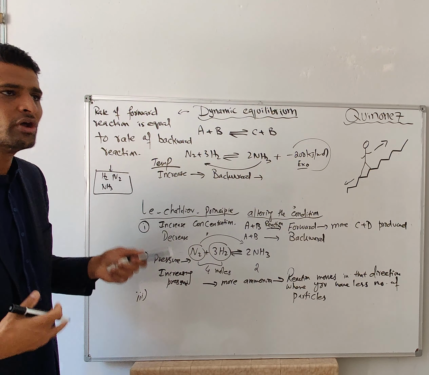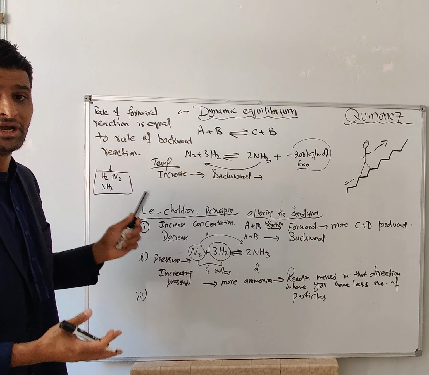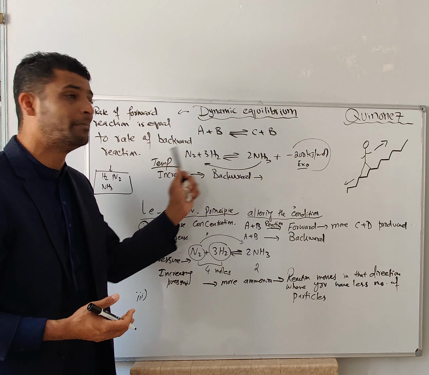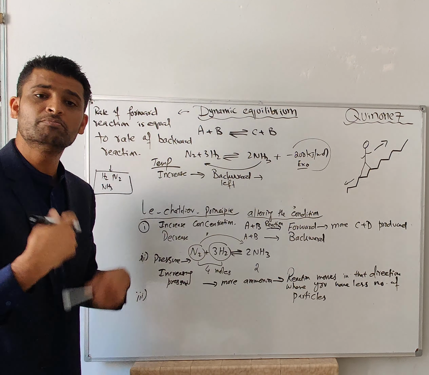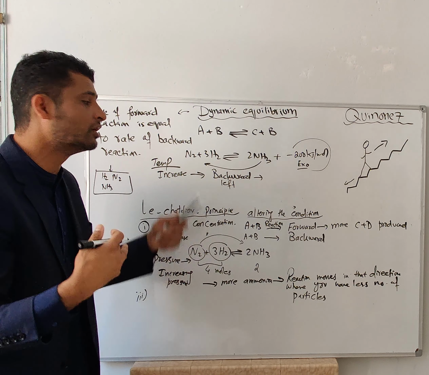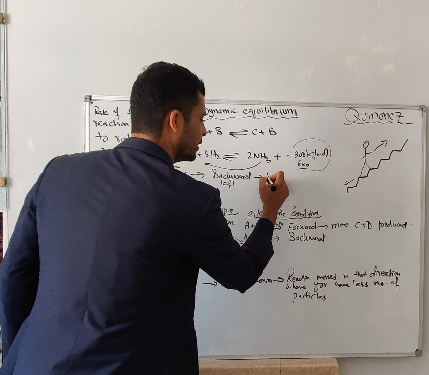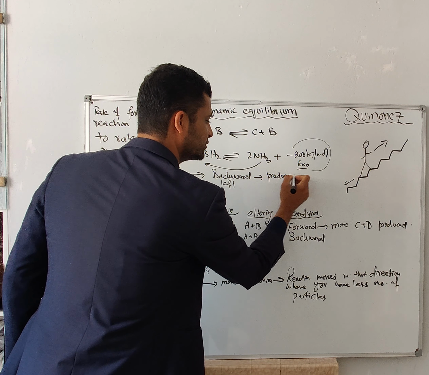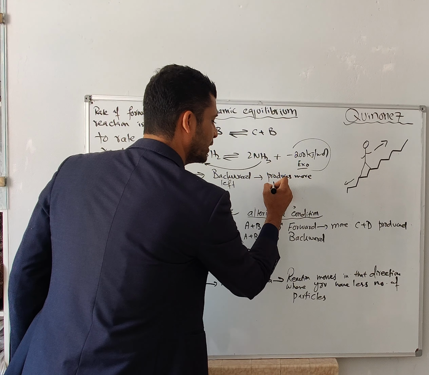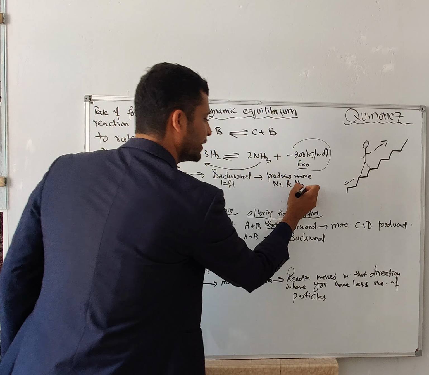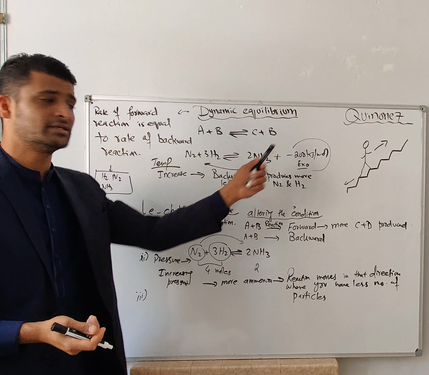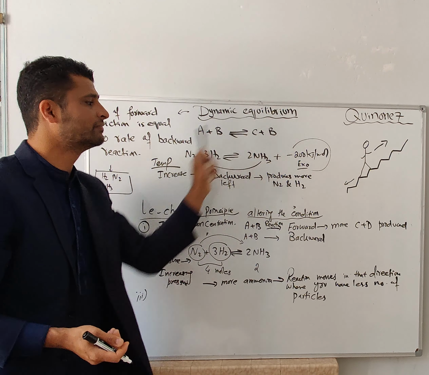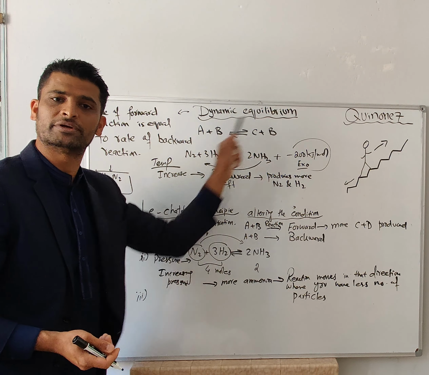In chemistry, they're not going to rely on your journal answer. You have to tell them the reaction will go backward or the left-hand side, and producing more, you will get more yield of nitrogen and hydrogen. Produces more N2 and H2. If you obviously decrease the temperature, the reaction will carry on in the forward direction.